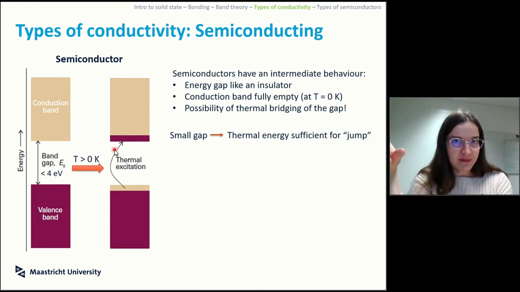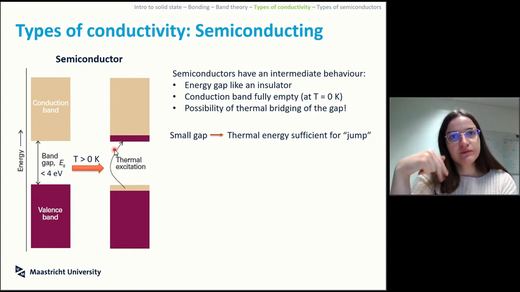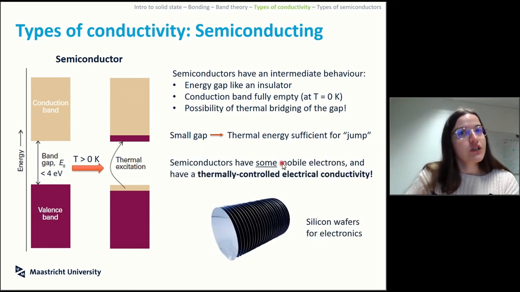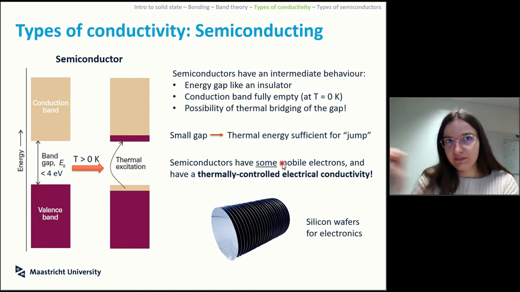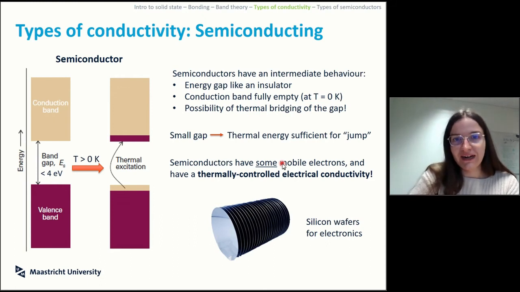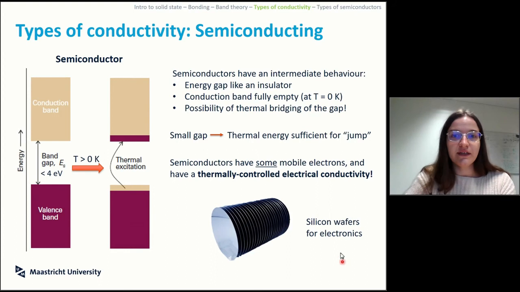The smaller the gap, the easier it is to bridge the energy. So there are some mobile electrons in semiconductors. That small percentage of mobile electrons are the only ones that can conduct. So the conduction in a semiconductor is thermally activated.